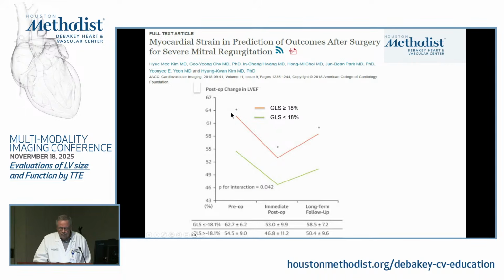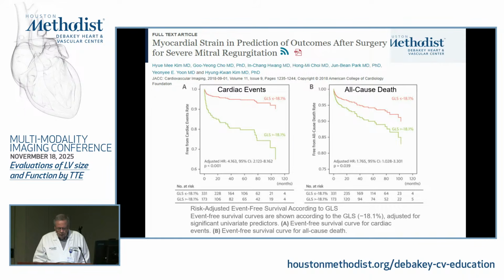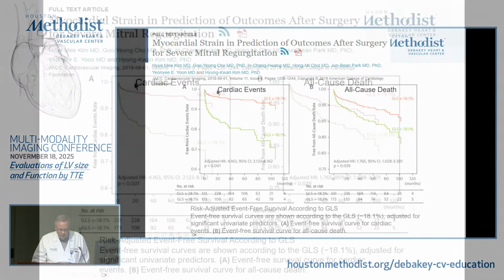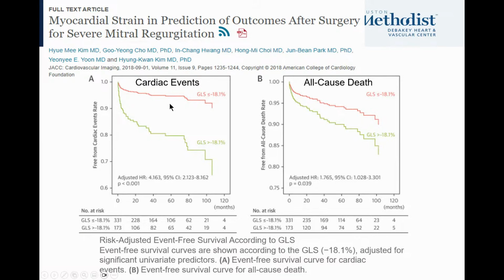Now, of course, these are average values, and sure, within that, there's going to be variability. But again, making the point that the GLS importantly predicts post-valve surgery ejection fraction. And this is more important. This is, I think, the same author, Kim. These are cardiac events and all-cause death. So these are all the typical cardiac events, death plus heart failure, hospitalization for heart failure, and this is just simple death.